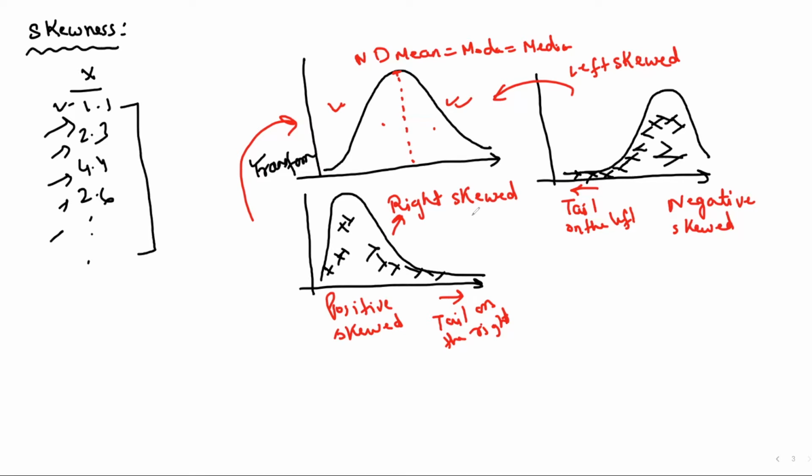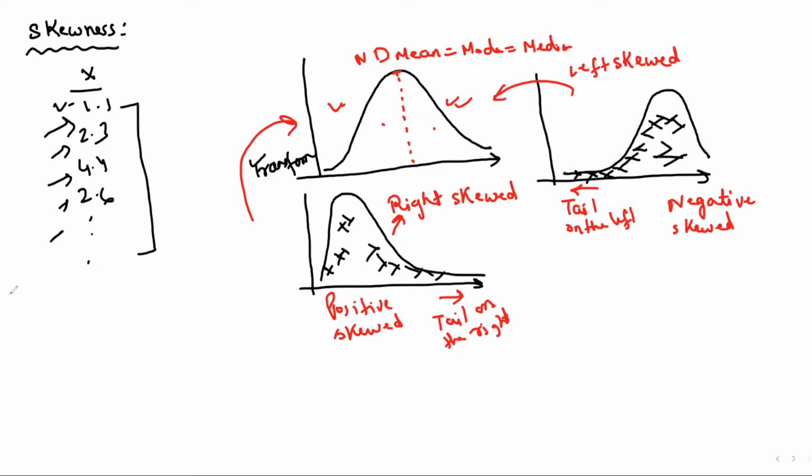Now you may ask me, okay, Anupam, you have discussed skewness, but what are the examples where in the real world we'll get this type of data distributions? Let me give you some examples of this type of skewness.